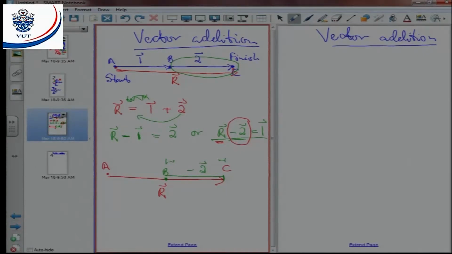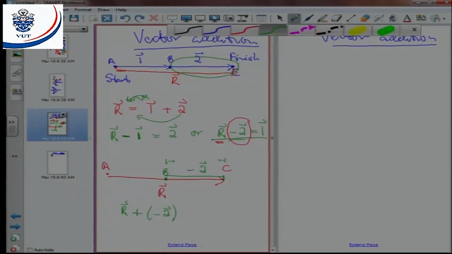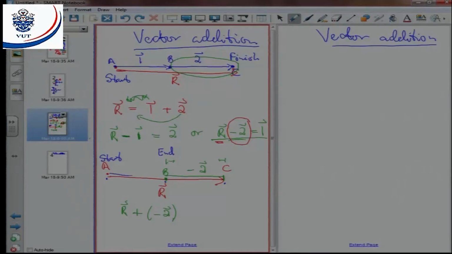So then we learn that if we add R and minus 2, what do we have? From our diagram, our starting point now is at A, because we started at A and we moved to C. Then from C we moved back to B. So our end point is at B. And the result was we moved from A to B. And that's just the vector 1 which we've drawn before.